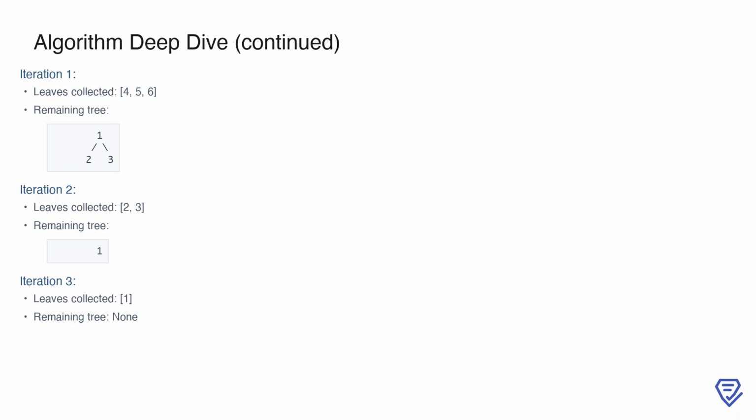In the second iteration, the new leaf nodes are 2 and 3, as they now have no children. Removing these leaves leaves us with only the root node, 1. In the third and final iteration, the last remaining node, 1, is removed, leaving the tree empty. Each iteration collects the current leaves, and the tree is reduced step by step until it is fully removed.